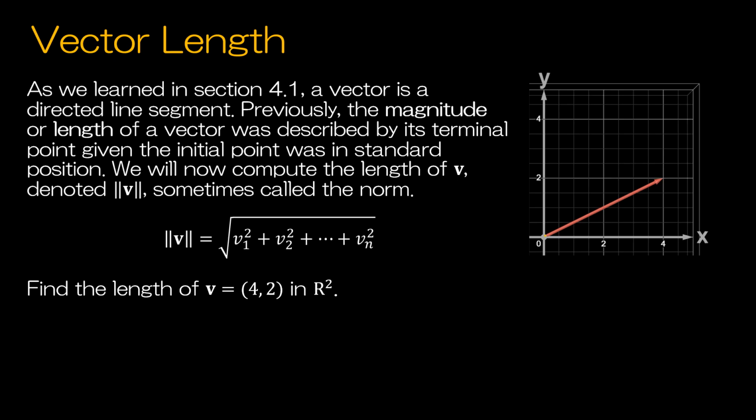So this is a lot like the distance formula, except that we are subtracting 0, because again, if I were finding the distance from 0, 0 to 4, 2 the normal way, I would say this is 4 minus 0 quantity squared plus 2 minus 0 quantity squared.